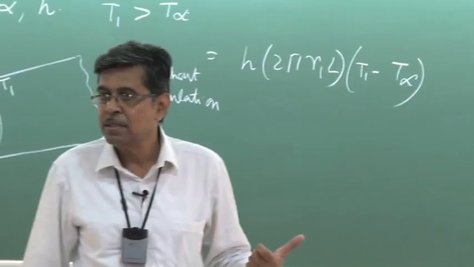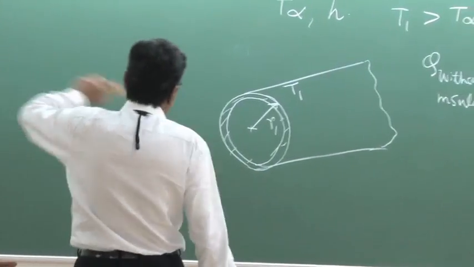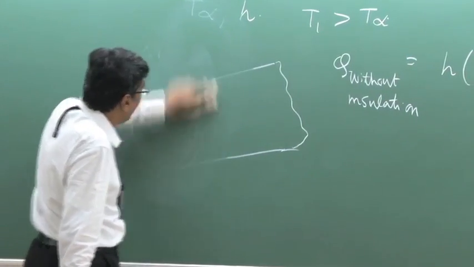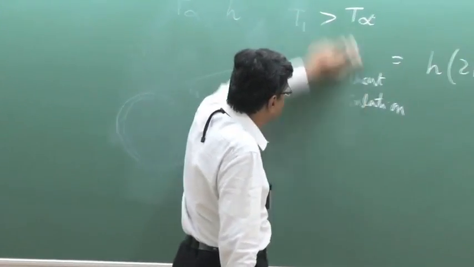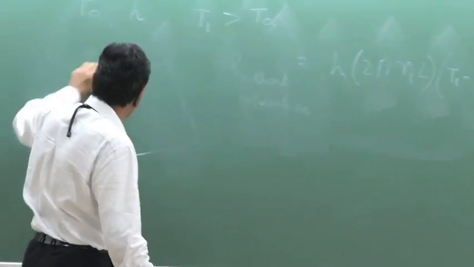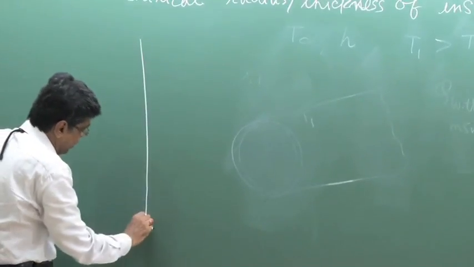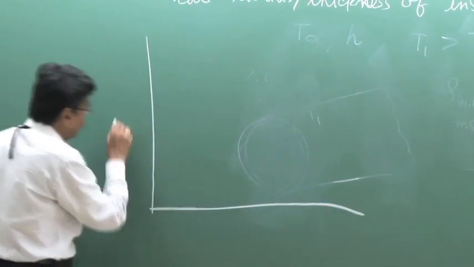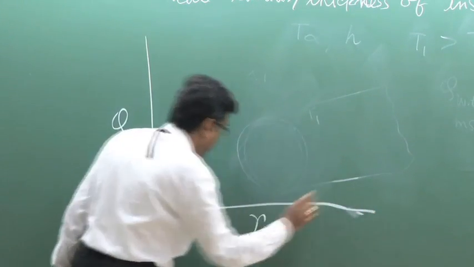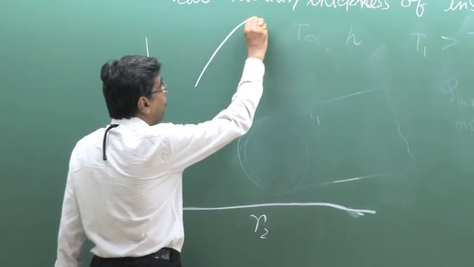Okay, then immediately we can draw a figure like this. At R2 equal to k by h, it has a maximum. That means if I now draw a figure of heat transfer rate Q versus R2, it rises to a maximum, then it decreases.